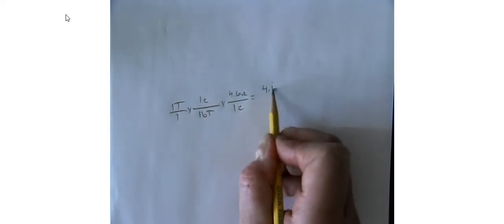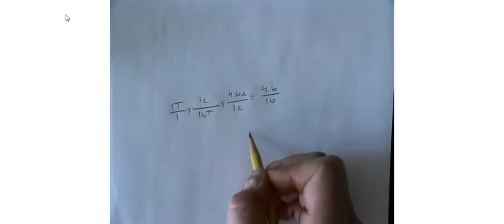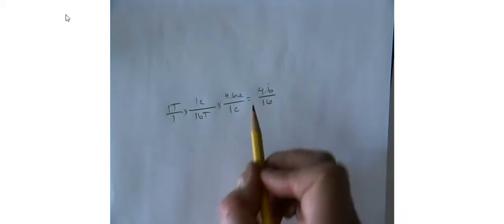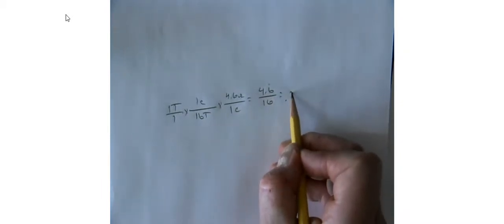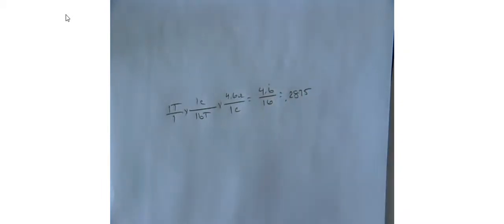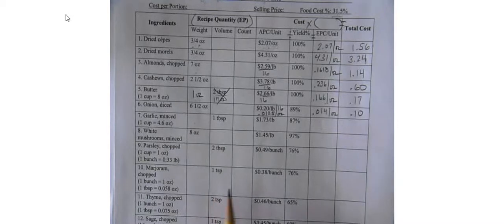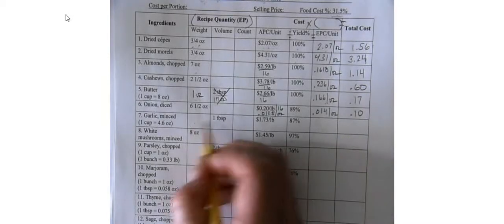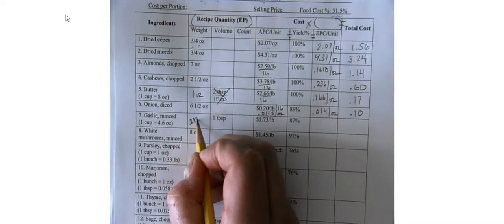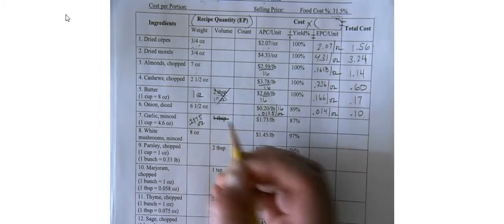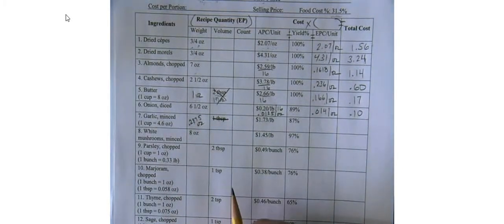It's 4.6 over 16. When I divide that out, I get 0.2875 ounces. All right, so back on my recipe here, onto the garlic, I'm going to replace the tablespoon with 0.2875 ounces. I don't need that anymore.